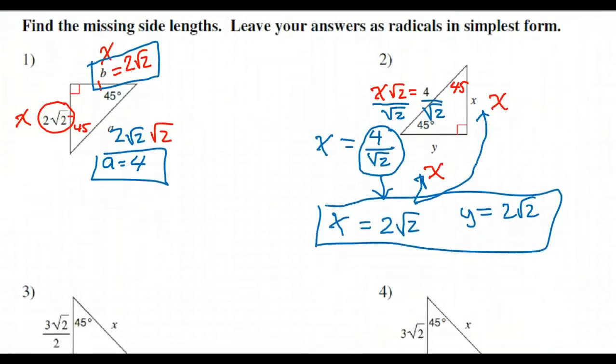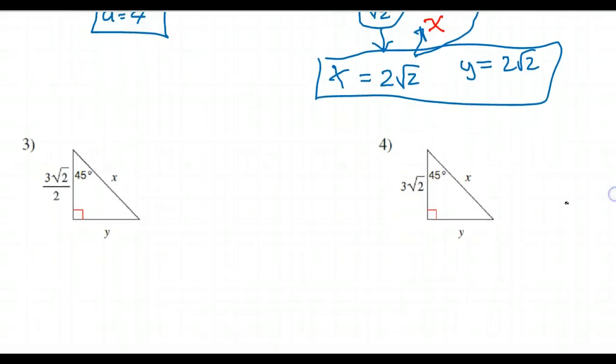Alright, number 3. Okay, well, if this is 3 radical 2 over 2, guess what? This is 3 radical 2 over 2. These are the isosceles sides. And this will be 3 radical 2 over 2 radical 2, switching colors.